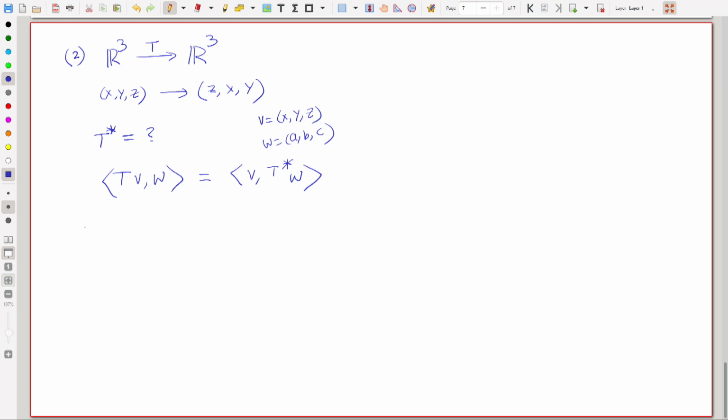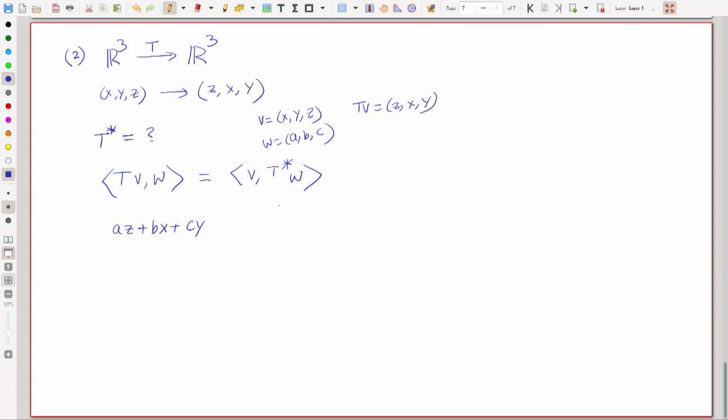Tv just means x, y and z have all been moved one step to the right. So Tv will be zxy, and its inner product with abc will give me az plus bx plus cy, correct. Think of it as abc are where they are, xyz have all moved one step to the right. So this is my left hand side.